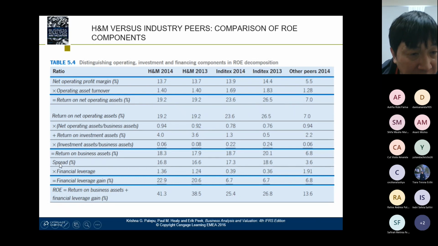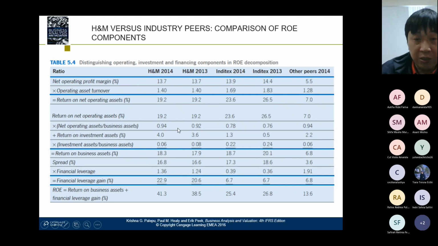Okay, so here we have a new components. There is a spread of 16.8, and the financial leverage there is 1.36, and the business ROA, we have 18.3, and net operating 19.2 times this plus the investment return, so multiplied by the 0.94 plus the 4 times by the 0.06, we have an 18.3.